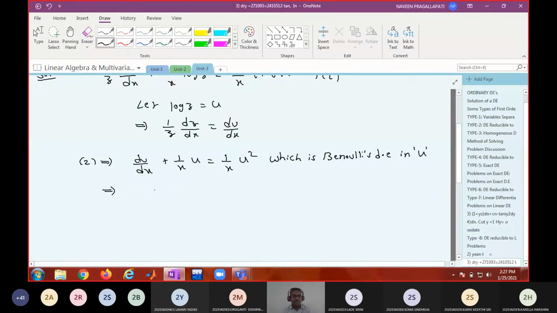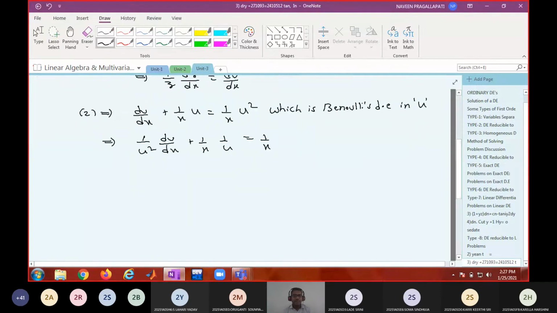Complete it parallelly. Do it fast. 1 by u square into du by dx plus 1 by x into 1 by u equals 1 by x. Let 1 by u equal v. This implies minus 1 by u square du by dx equals dv by dx.